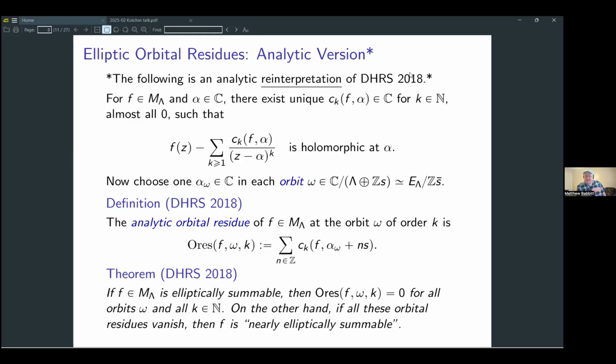So for an elliptic function, you can find the principal part of its local expansion at any complex number alpha, right? And you get these numerators once again. This isn't quite a partial fraction decomposition. It's like the local version of it. And we then want to sum over all the orbits of the shift function, right?